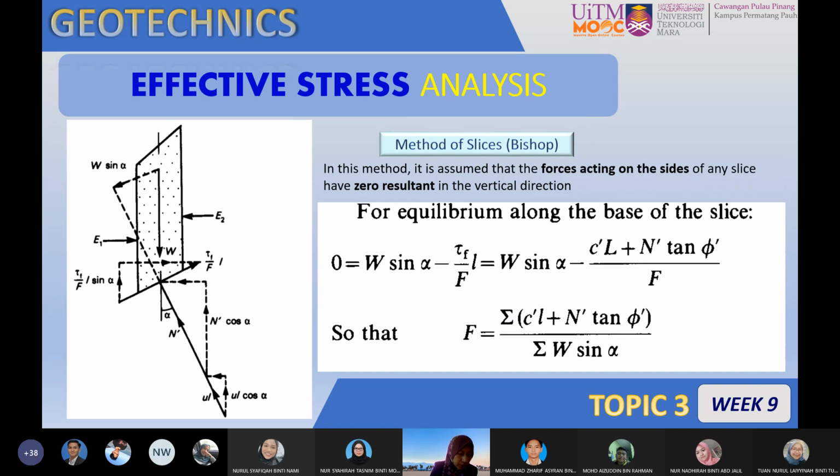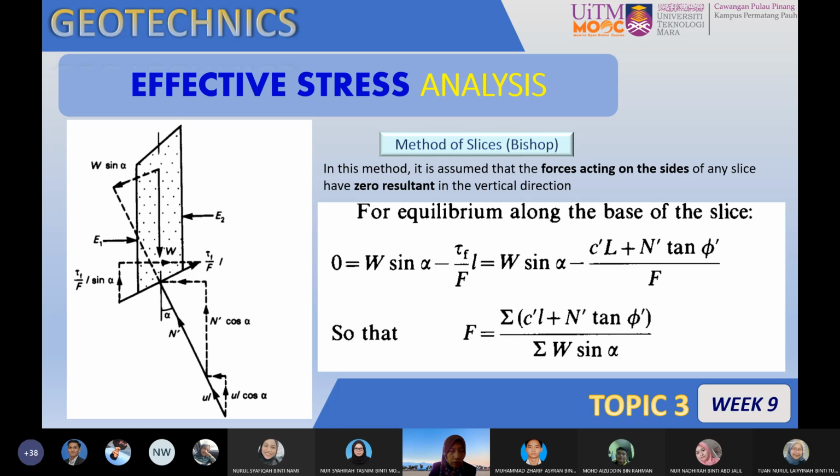Okay, the FOS using the method of slices for Bishop theory. It is assumed that the forces acting on the sides of any slice have zero resultant in the vertical direction. So now zero resultant in the vertical direction. For equilibrium along the base of the slice, these are the components involved, assuming equal to 0.